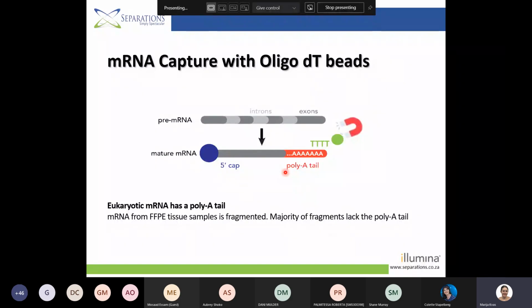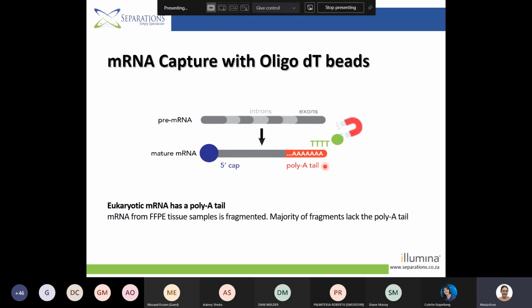So when we talk about capturing mRNA, we're talking about pulling it from the poly-A tail. You will know that eukaryotic mammalian mRNAs out there are actually processed, and that the mature mRNA will have a 5' methylation cap, and at the 3' end will have what we call a poly-A tail.